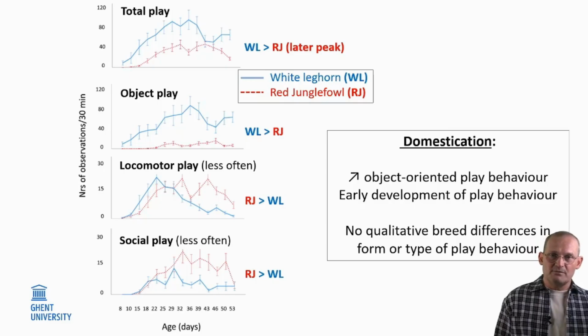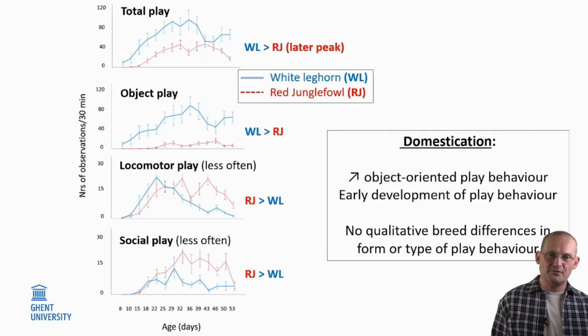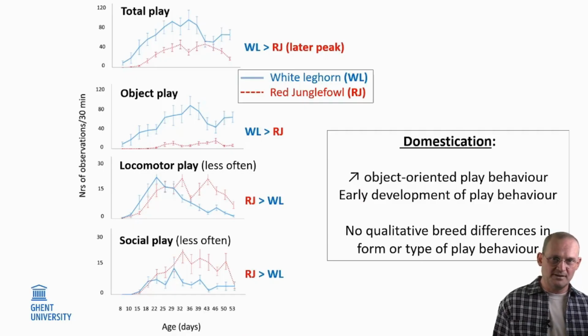So the hypothesis explaining this is of course related to domestication effects, in which domestication resulted in an increase of object-oriented play behavior and an earlier development of play behavior.